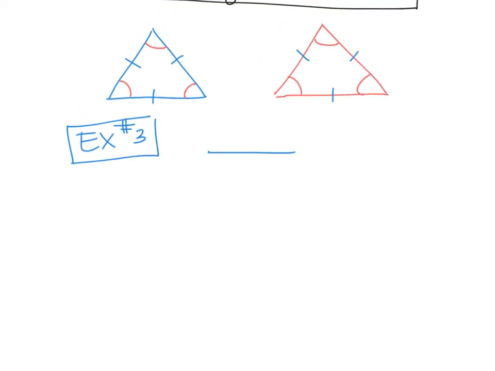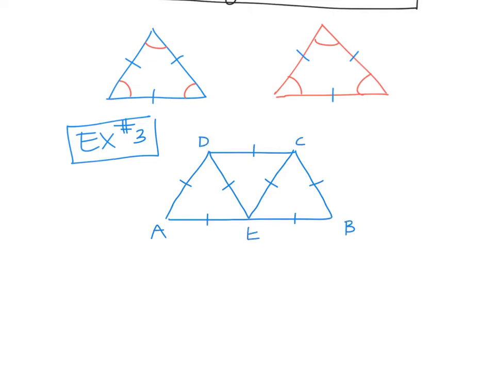And here's what it looks like. All right, let's say we're going to find the measure of angle A, the measure of angle B, and the measure of angle ADC.